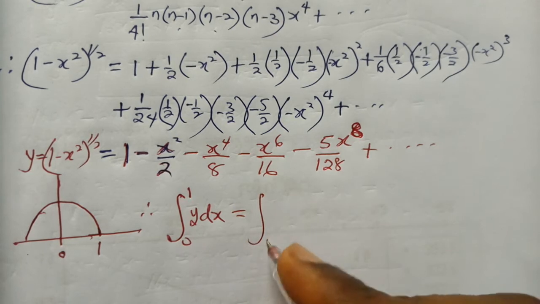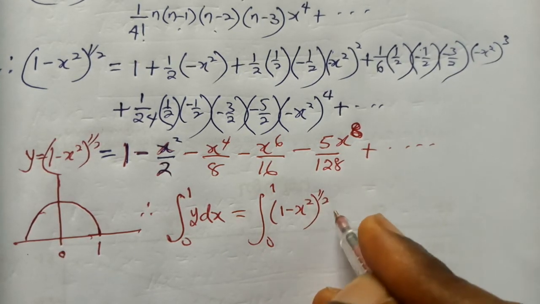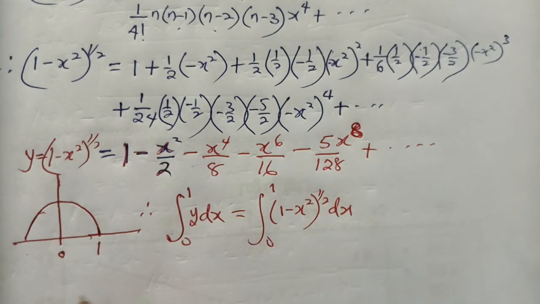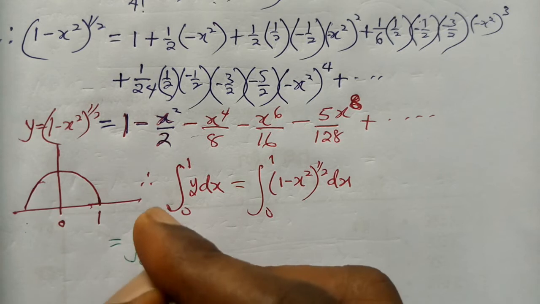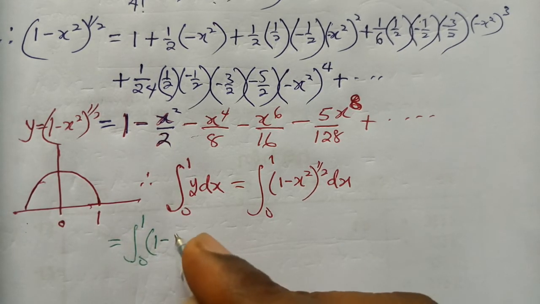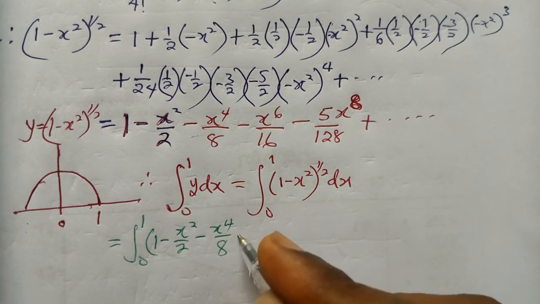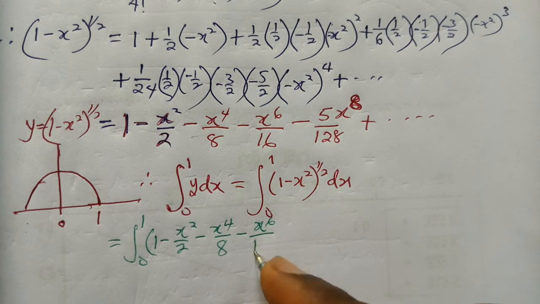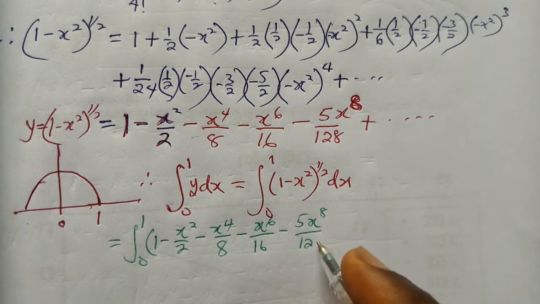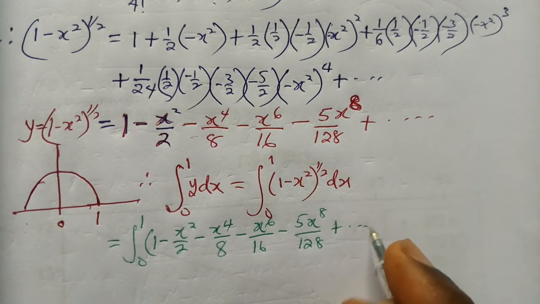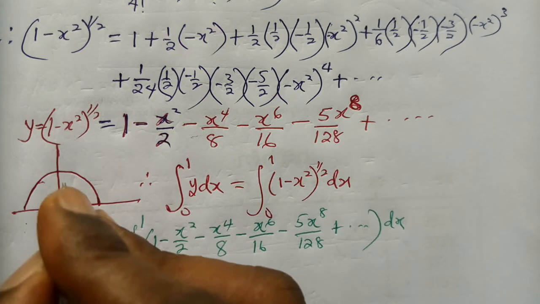So what we have is actually the integral from 0 to 1 of (1 minus x squared) to the power half dx, which is all these things that we have here, which is equal to the integral from 0 to 1 of 1 minus x squared over 2 minus x^4 over 8 minus x^6 over 16 minus 5x^8 over 128 plus ... dx.